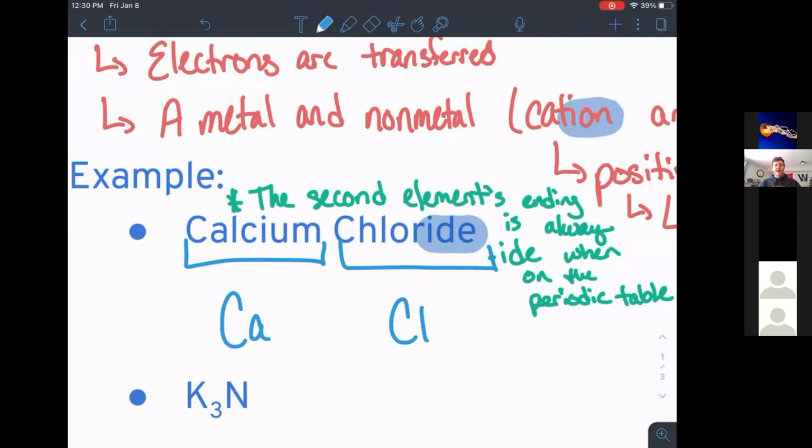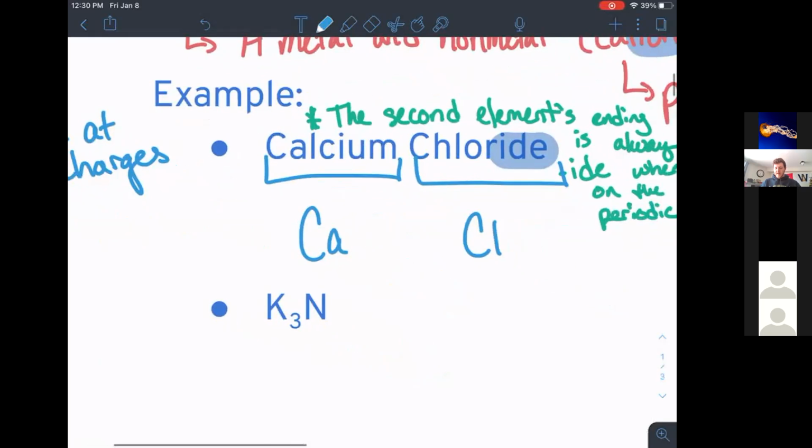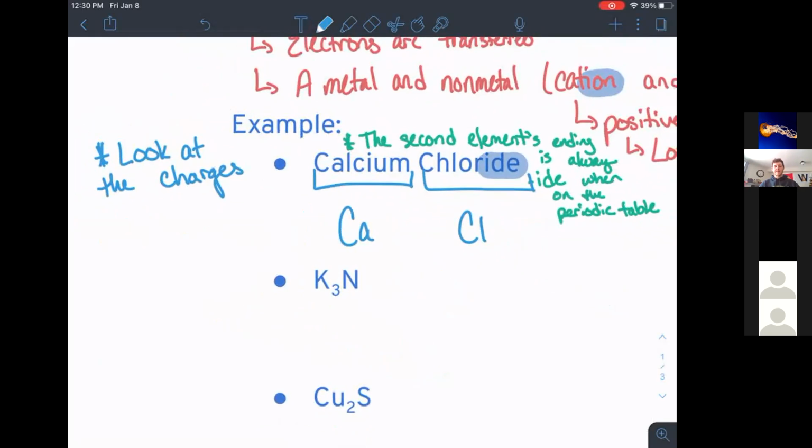When we're talking about ionic compounds, we're worrying about the charges. So we need to look at the charges. We have to figure out the charge of calcium and the charge of chlorine. So how many valence electrons do they have to gain or lose to get to 8 valence electrons?